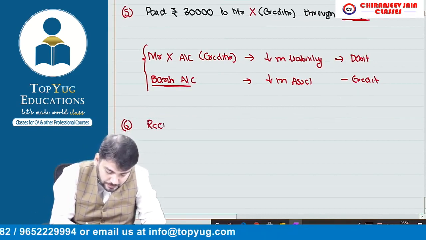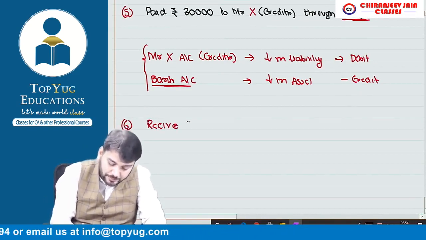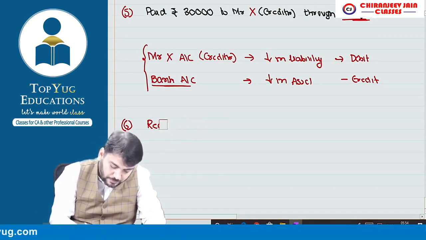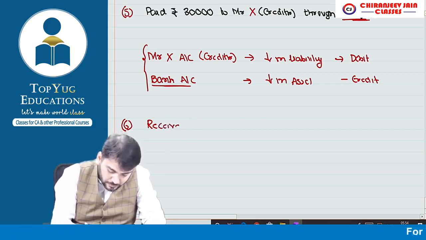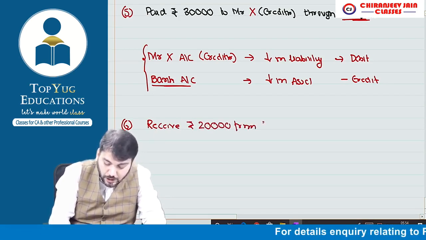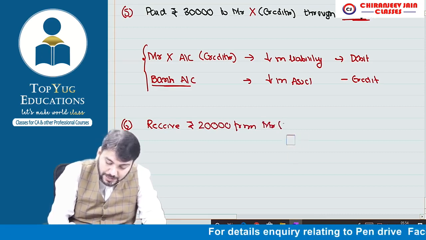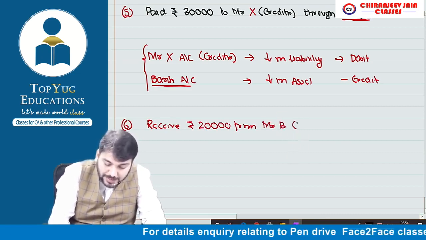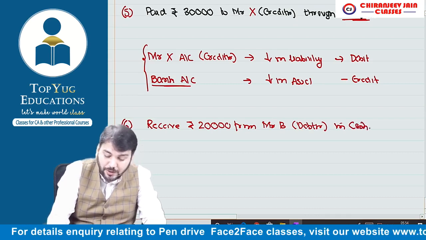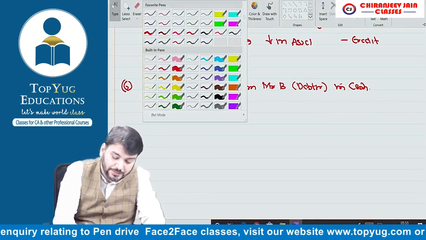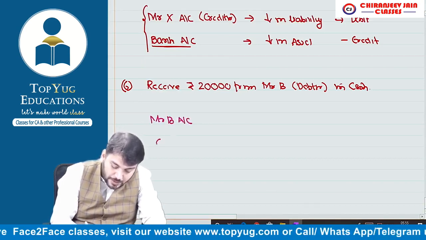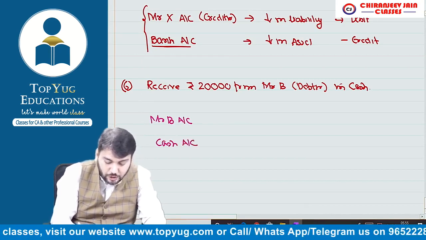Receive rupees 20,000 from Mr. B. Mr. B was a debtor. In cash, you have received 20,000 from Mr. B. So there are two accounts, Mr. B account and cash account. Do by your own.